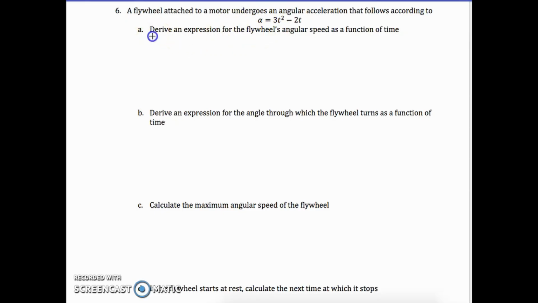So we're going to have to derive an expression for the angular speed as a function of time using the relationship alpha equals d omega dt, which we then rearrange so that the omega, which we're looking for, is on one side of the equation and everything else is on the other side, so that when we find the antiderivative from the original to the final, we're going from time equal to 0 to time equal to t later on.